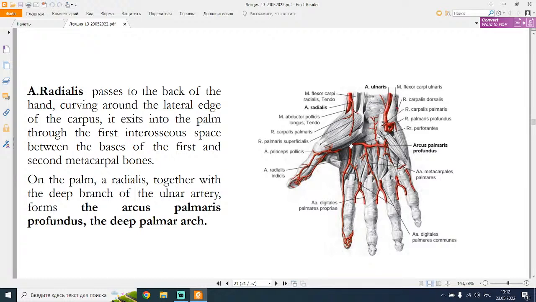On the palm, arteria radialis together with deep branches of arteria ulnaris forms the arcus palmaris profundus, the deep palmar arch, located on the palm.